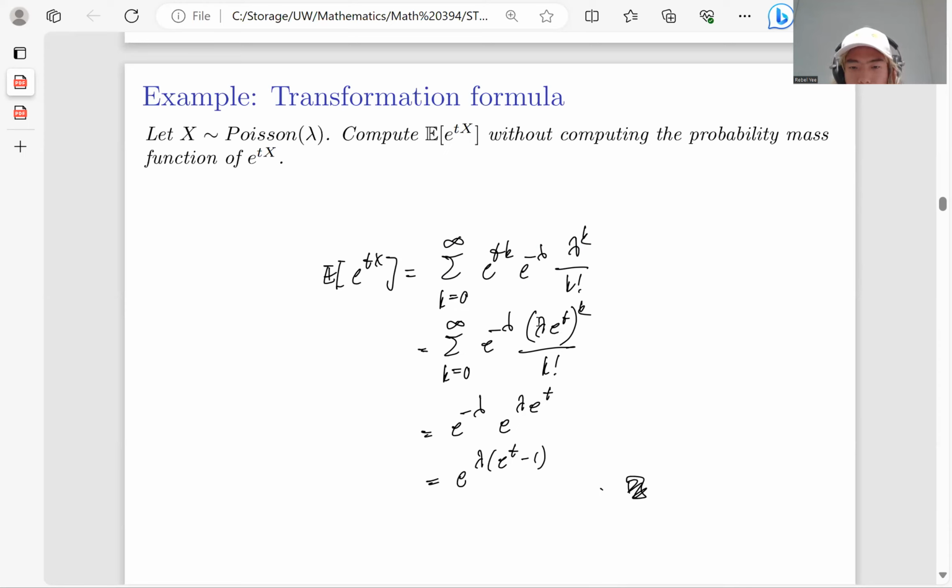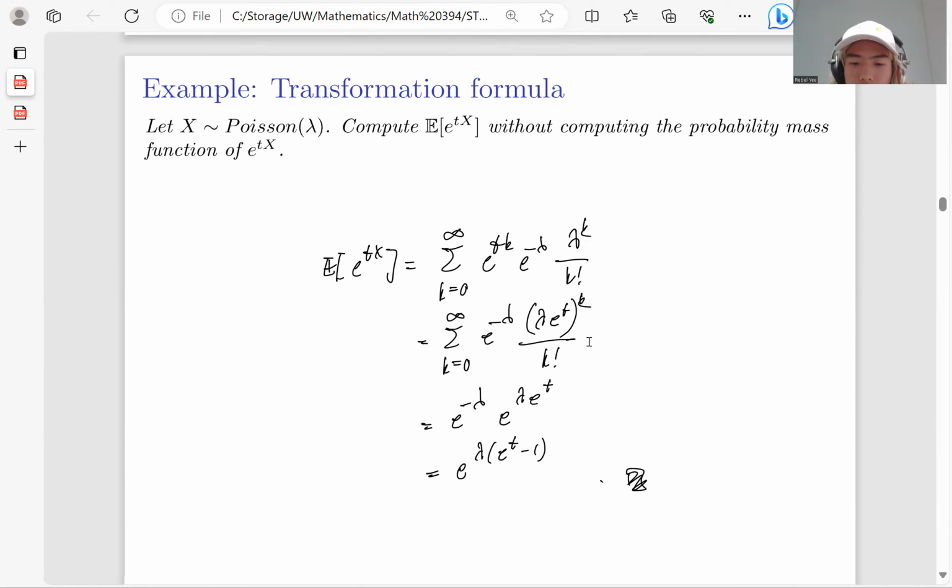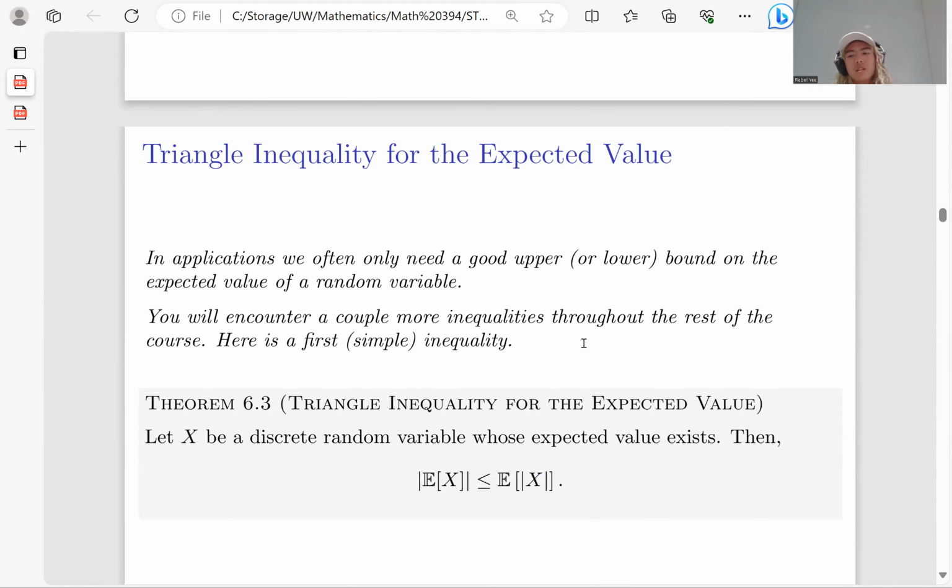Although the 1 is not a curve, it's minus something here. So this term can be calculated as e to the power of the center term. So this is the definition of how we treat the exponential function. And we are done.